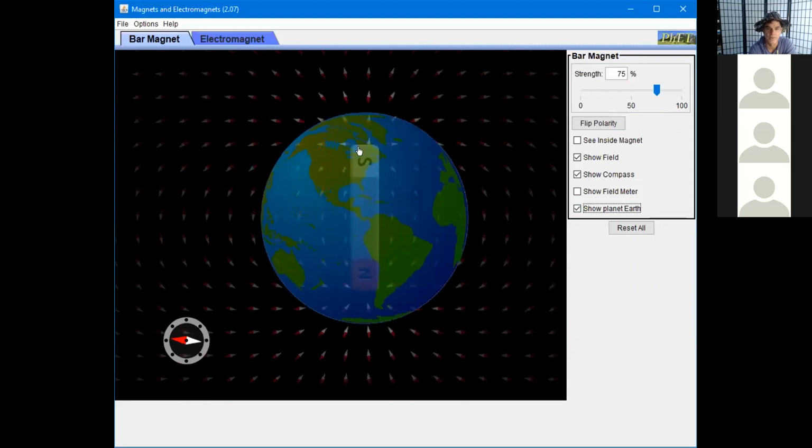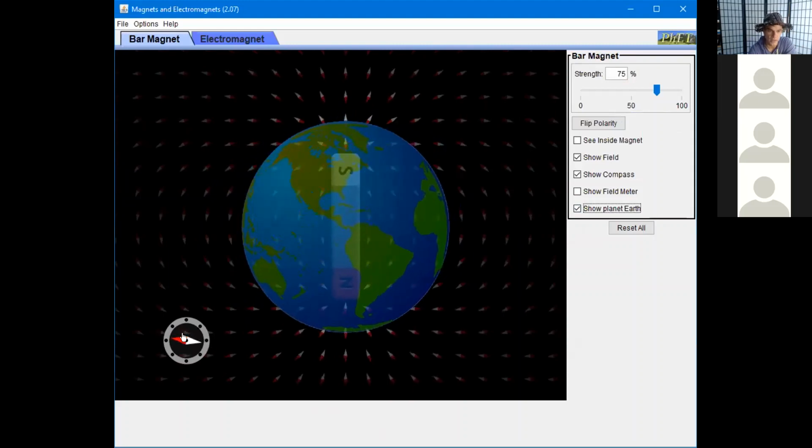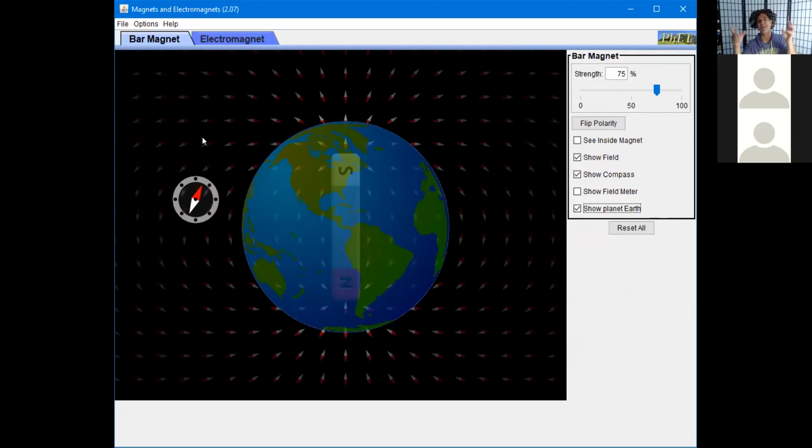Anyway, keep in mind here, the red is the north pole of the magnet. So if I move this compass, like here, it's pointing towards what we would call magnetic north. That's the direction the north pole of a compass points.